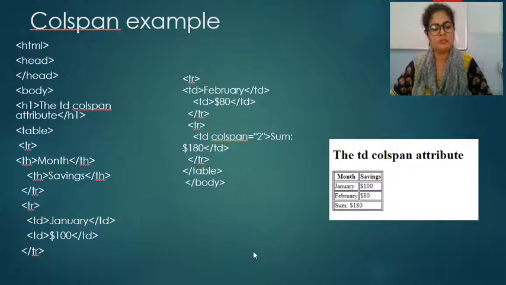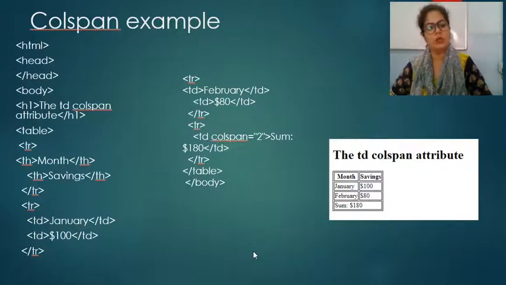Today we have completed all these 4 units, and in the practical section you have C++ programs and HTML practicals. In the HTML practicals, there must be a question on tables, colspan and rowspan, like how to create a table and how to perform row spanning and column spanning.